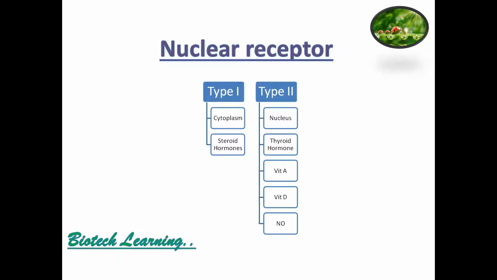They are already in the nucleus, but in an inactive state, maybe bound to co-repressor molecules. The ligands that bind to type 2 receptors are thyroid hormones, vitamin A, vitamin D, and small molecules like nitric oxide. So let's see in detail.